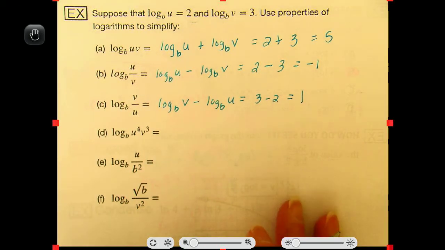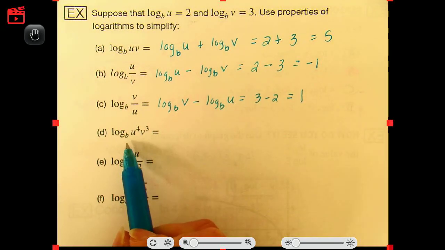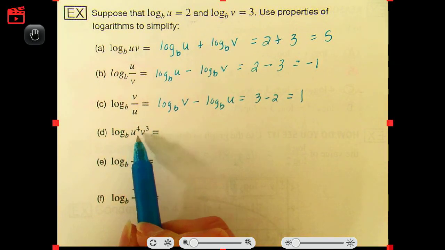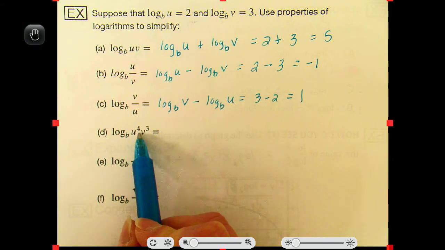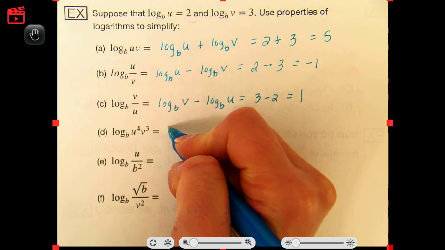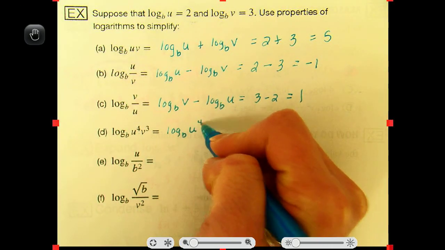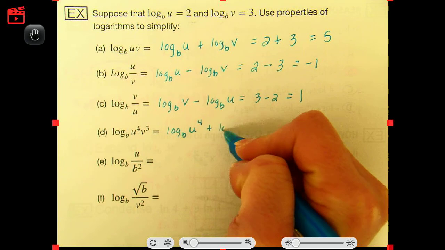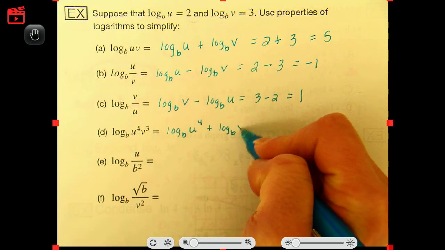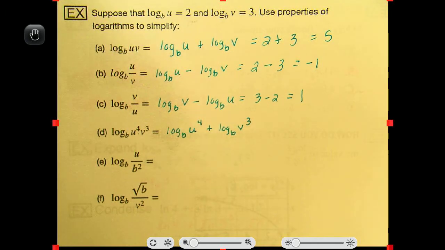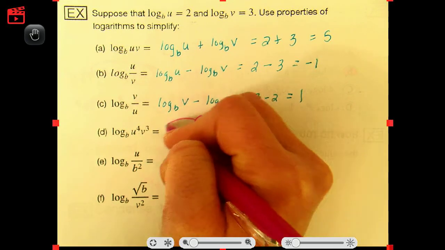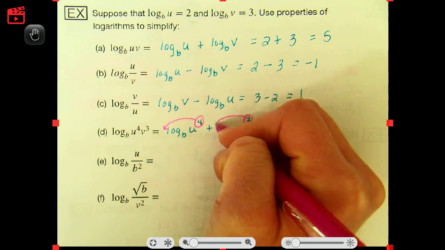All right, these ones are a little bit more involved. Let's see what's happening here. First and foremost, I am multiplying, so I'm going to change it to addition. So I'd have log base b of u to the 4th plus log base b of v cubed. Next, I can move both of these powers to the front.